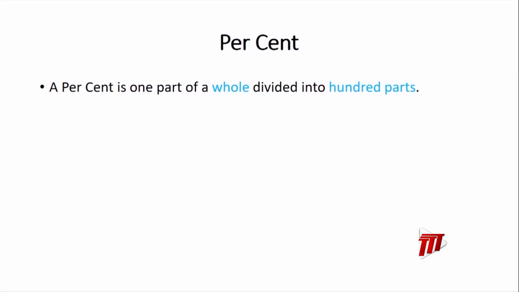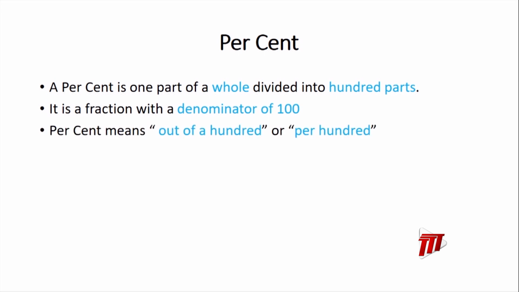So a percent is a special fraction with the denominator as 100. It's a fraction with a denominator of 100. What does percent mean? Percent means out of 100 or per 100. So it means in every 100, this is the part that is represented.